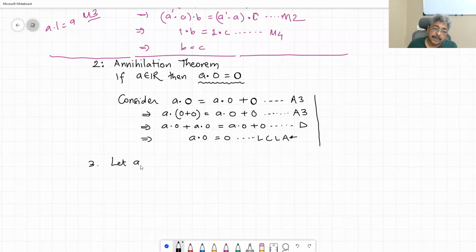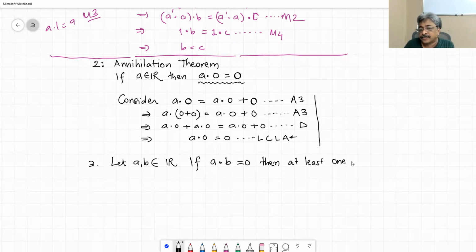Let a, b belong to R. If a into b is equal to 0, then at least one of a, b is 0. Prove this.